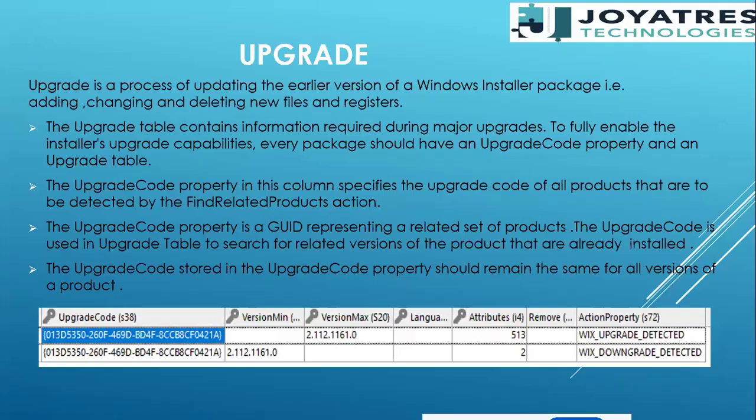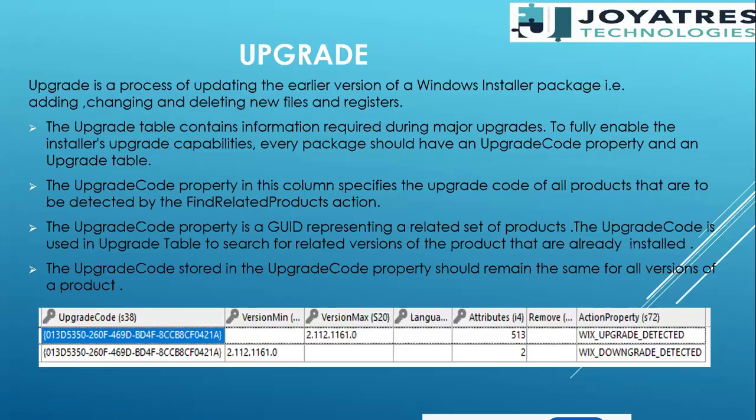If you are just going to remember this, if somebody is going to ask how you're going to upgrade, you have to say we have to add two rows. Both rows will contain the same upgrade code, and then you have to explain that in the version minimum also we are going to add the version, and in the version maximum also we are going to add it.